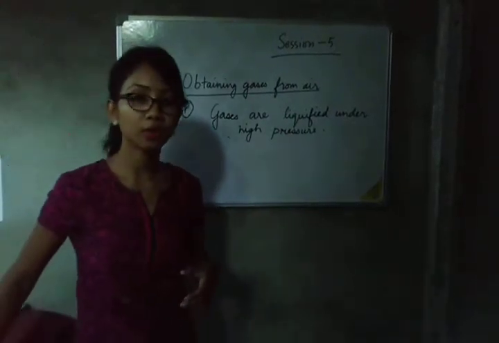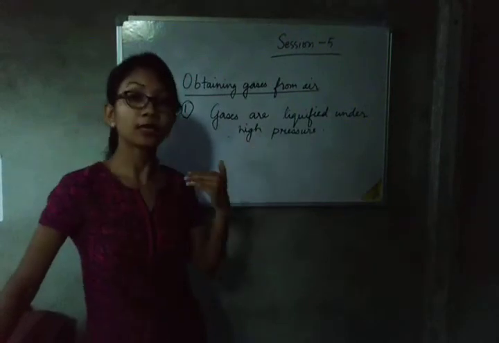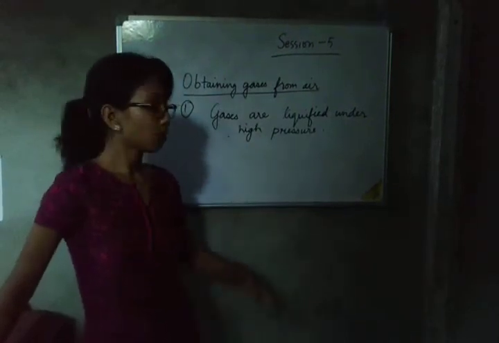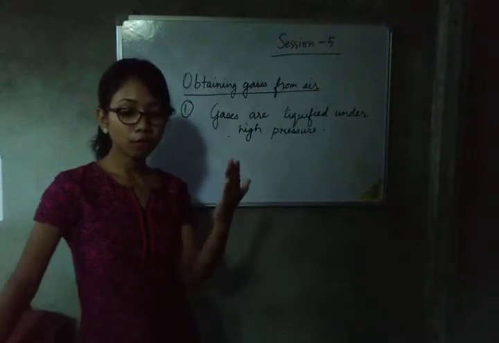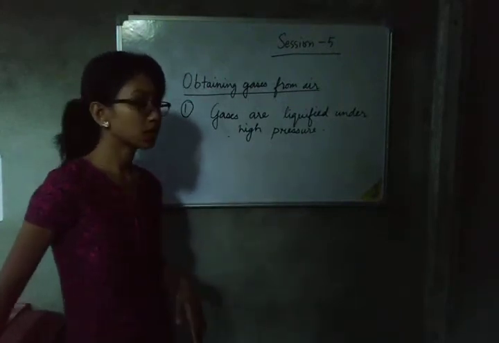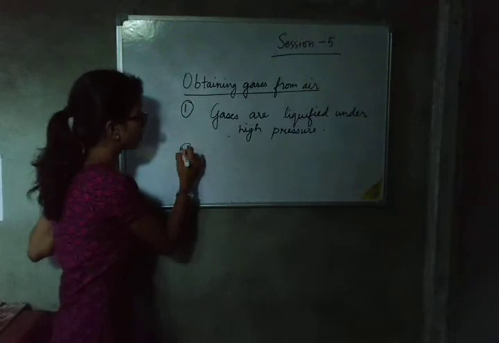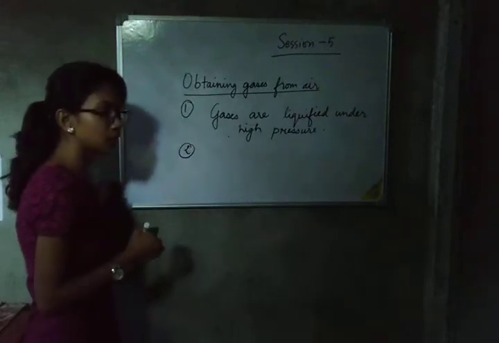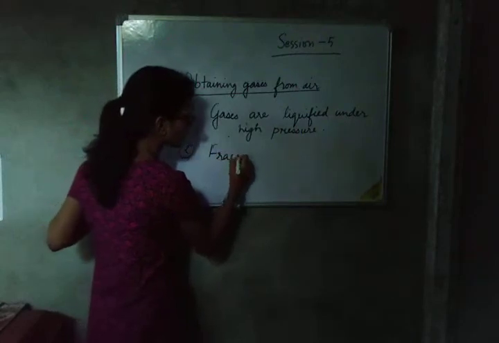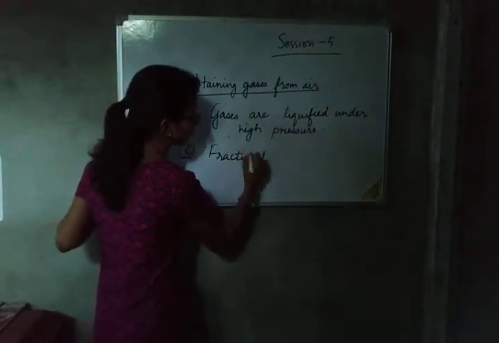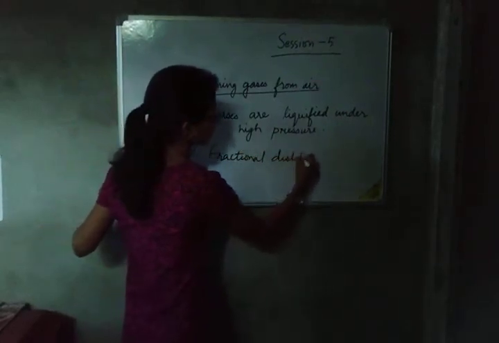With the help of high pressure, we are liquefying the gases present in the air, that is, they are converted from gaseous state to liquid state. Whenever they are converted into liquid state, we can use the process of fractional distillation.